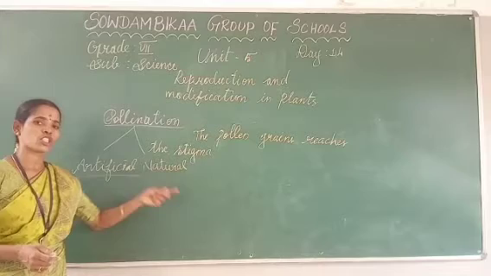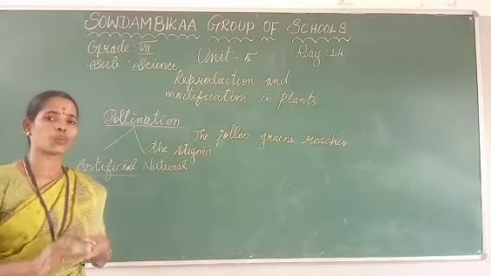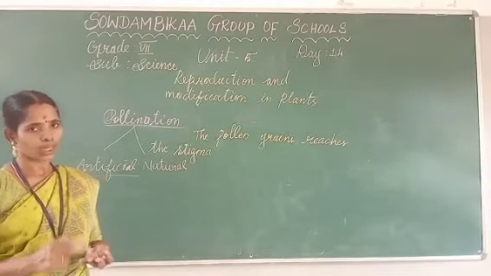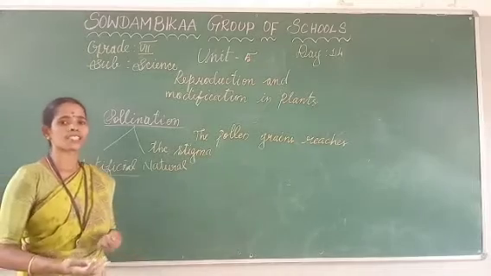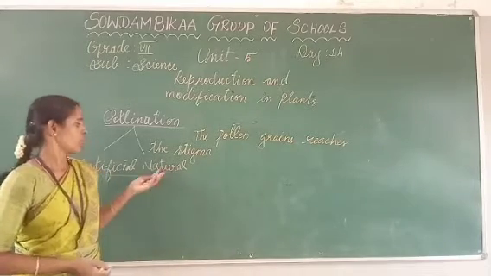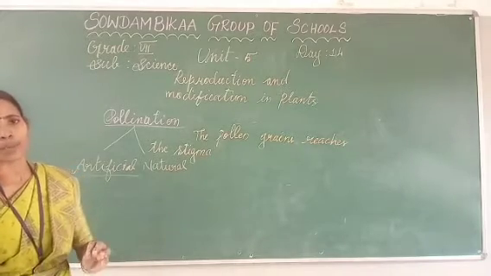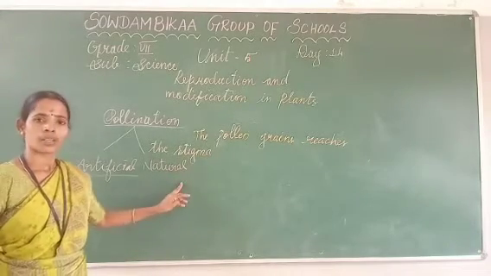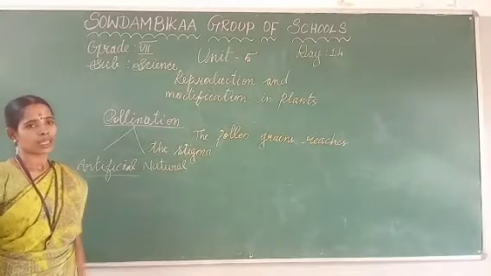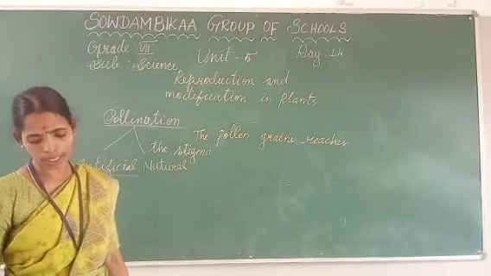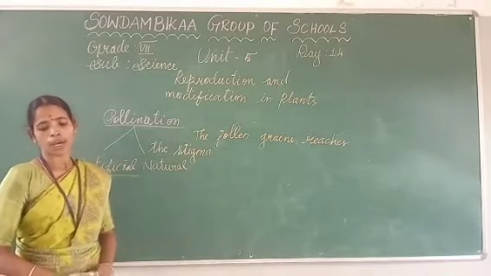But in nature, through wind, air, water, and also insects and birds, the pollen grains are normally transferred to the stigma. That is called natural pollination. Are you clear about this? Natural pollination and artificial pollination.